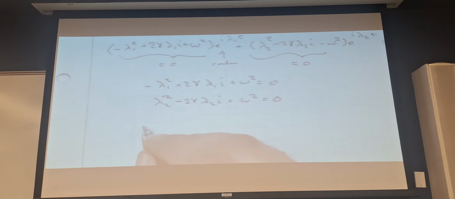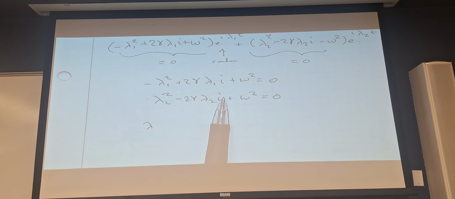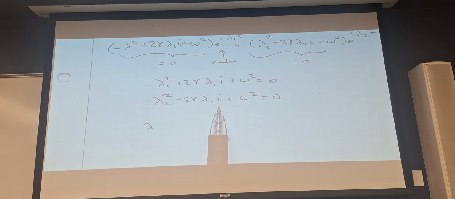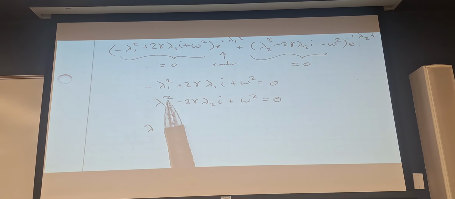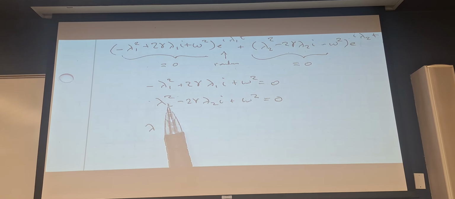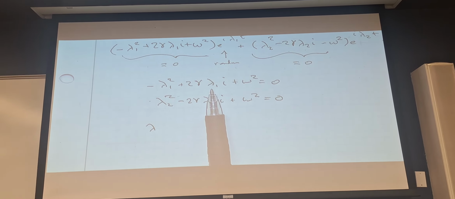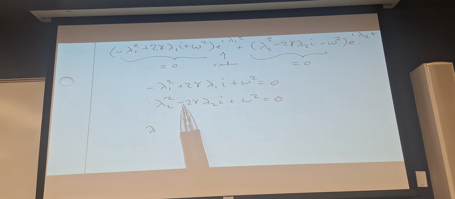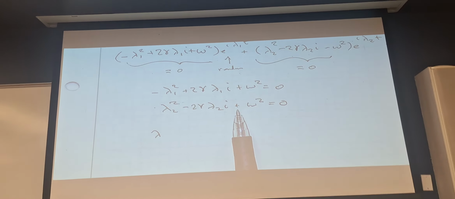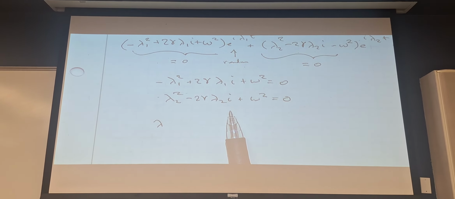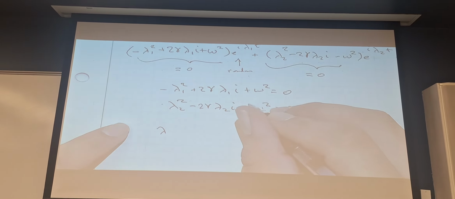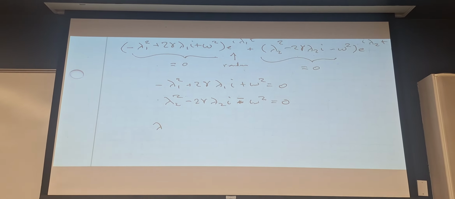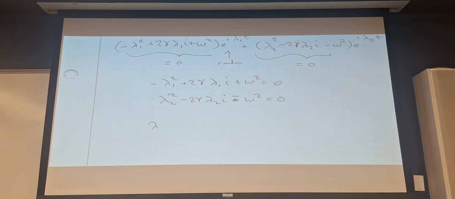Notice these equations are the same, right? These are the exact same equation. The only difference is one has a 2 gamma and the other has a negative multiplied through here. This one should have a negative, right? This omega should have a negative. So they're just the same equation multiplied.